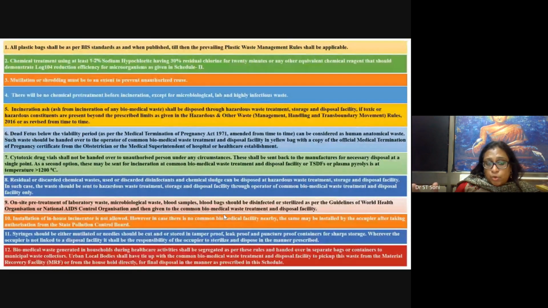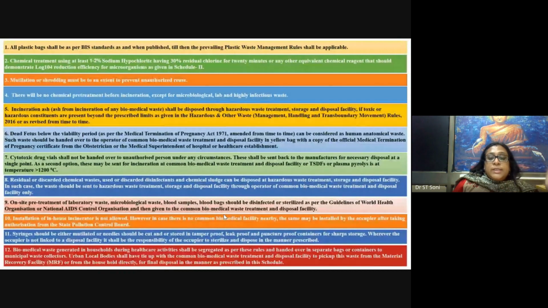Syringes are supposed to be hub cut and mutilated, and the needles are only supposed to be put inside the puncture proof container, as per the biomedical waste management rules. I have told you about the four categories, and there is one confusion: the blue color comes under the biomedical waste and also under the general municipal waste.